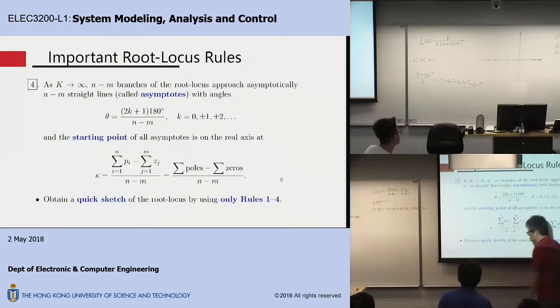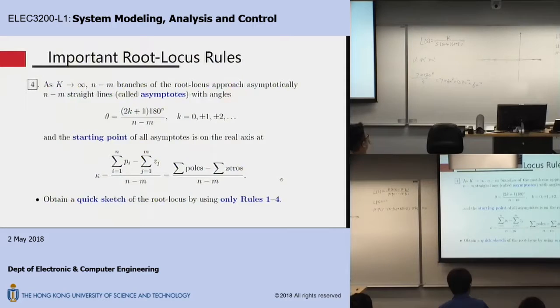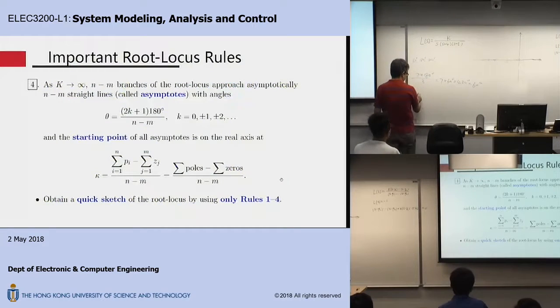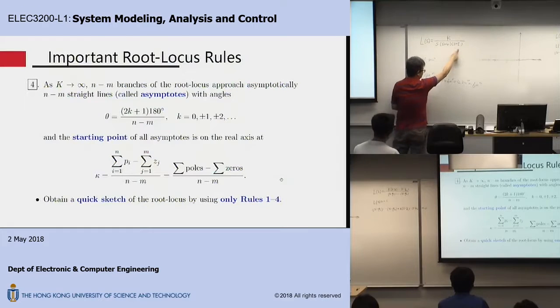The starting point of the asymptotes is given by this: the sum of all poles minus the sum of all zeros, divided by 3 in this case. So what is the sum of all poles? Zero, minus 4, minus 5, so minus 9.